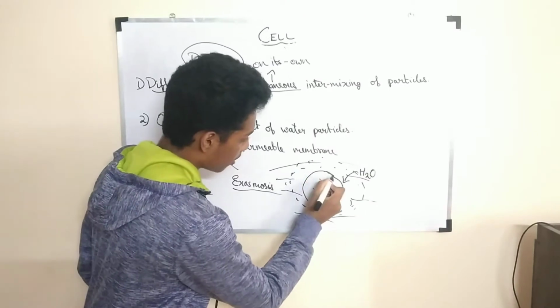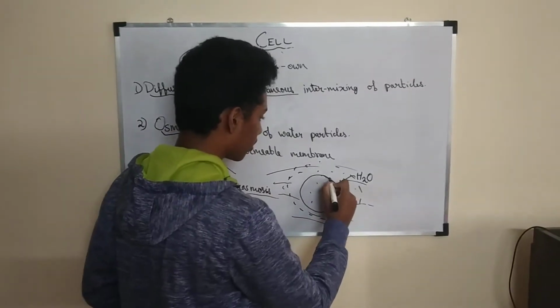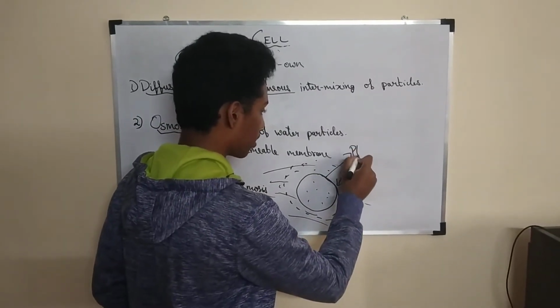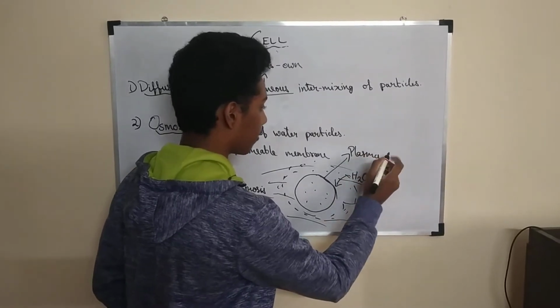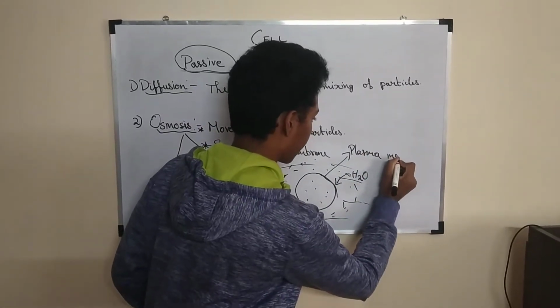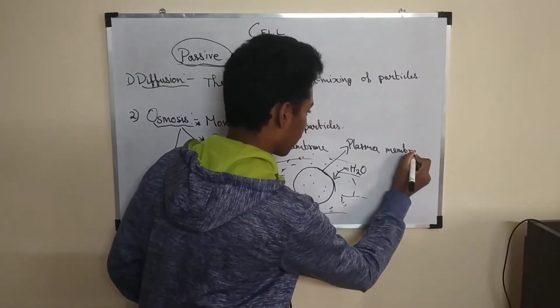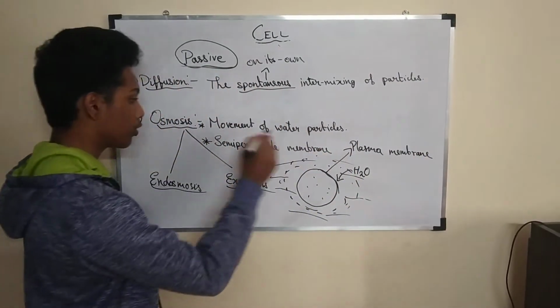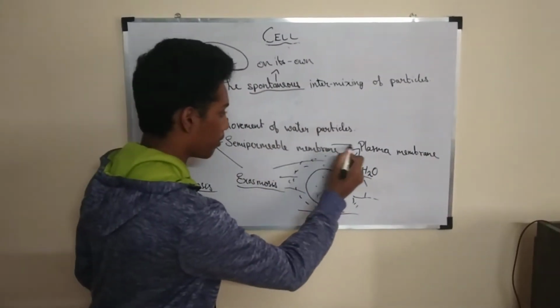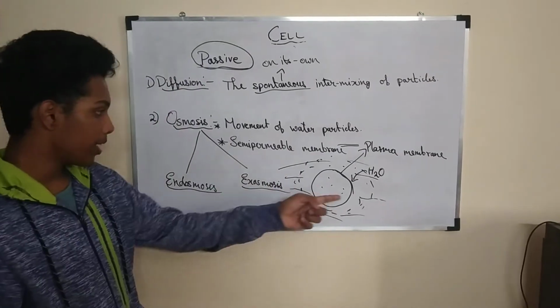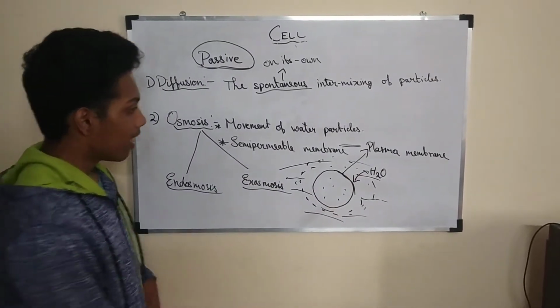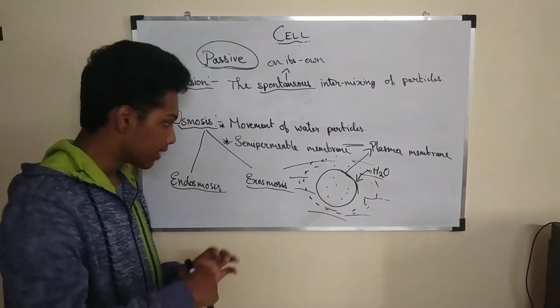Here the plasma membrane refers to the semi-permeable membrane, and this is the movement of particles in the cell.